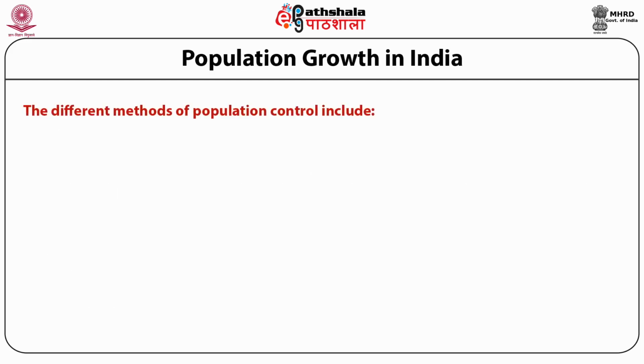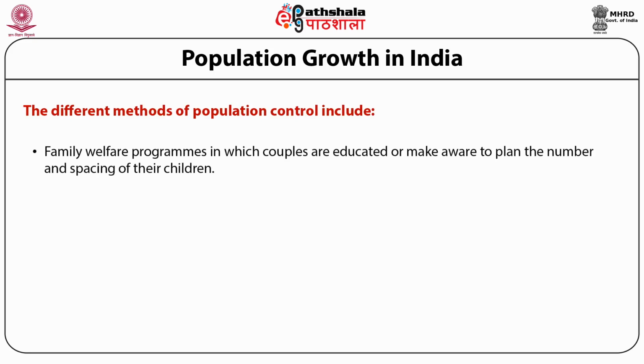Different methods of population control include family welfare programs in which couples are educated or made aware to plan the number and spacing of their children.